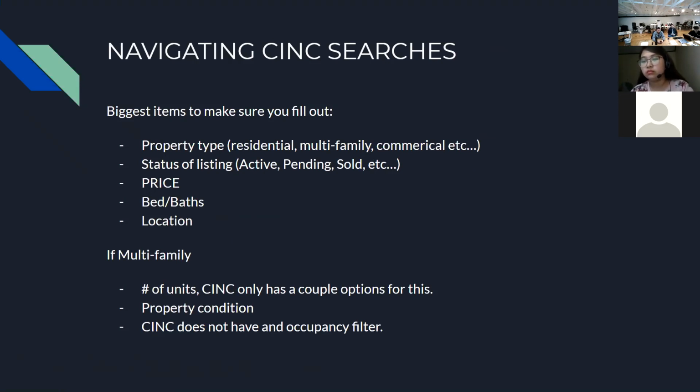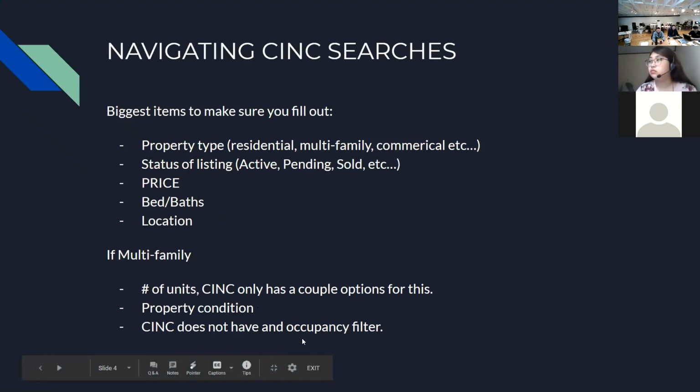In multifamily, if you want multifamily, CINC will give you a couple of different options, like 5 units or less, or 15 units or less, so you don't get to select the exact amount of units you want, but that's okay. You can always look for deals, and maybe you'll find something that you weren't exactly looking for at the beginning. Property condition, obviously that's important.